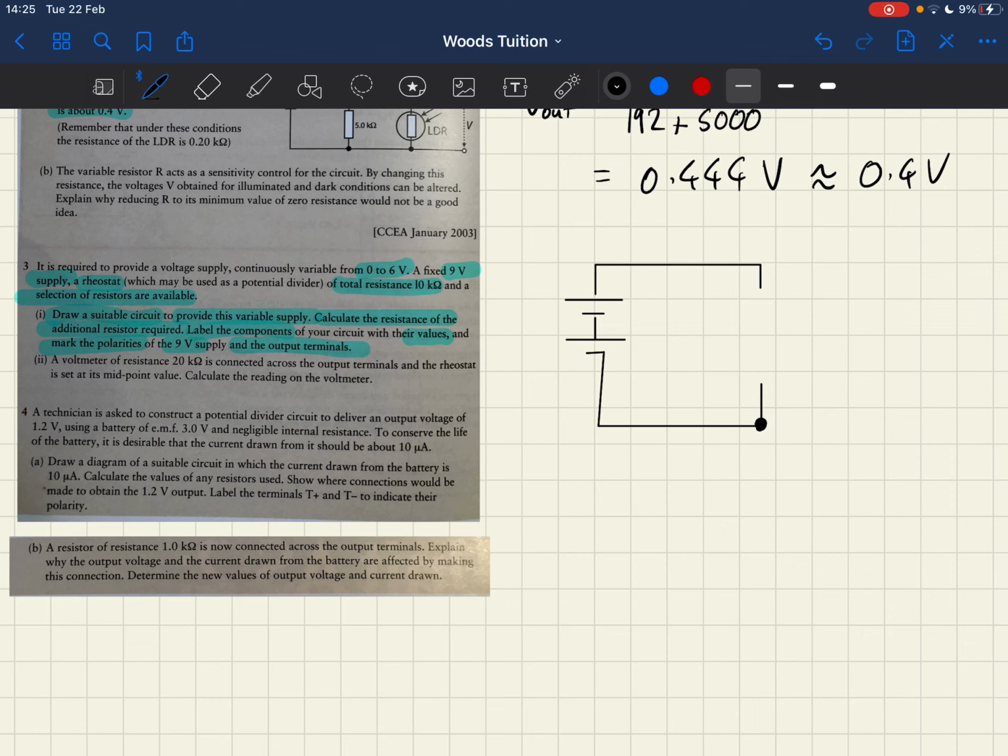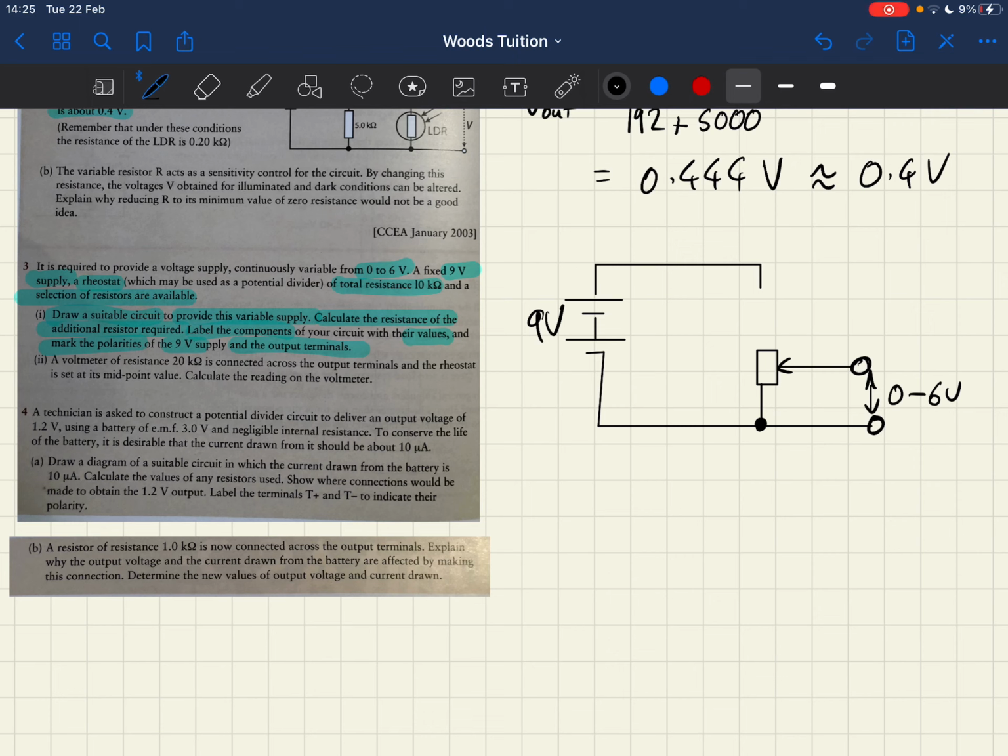Okay, so here is our rheostat. That shouldn't be a box, it should be a resistor. And that is going to have our variable potential difference coming out. We need to be able to vary that between 0 and 6 volts. So our variable potential difference is going to be here, so that has to be between 0 and 6 volts. This is 9 volts.